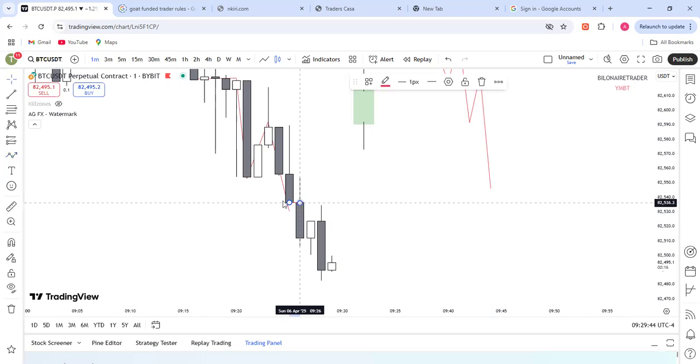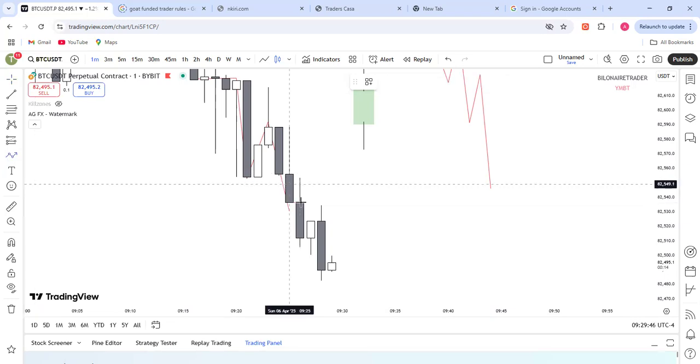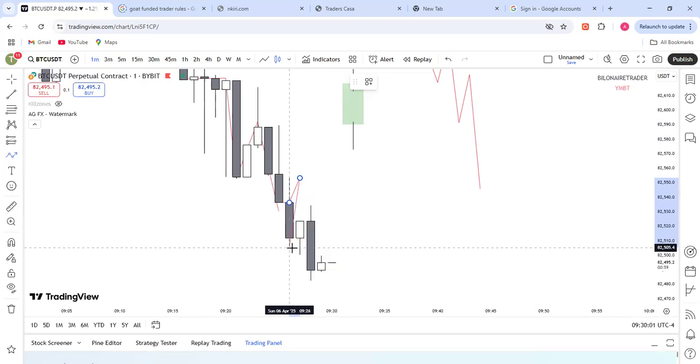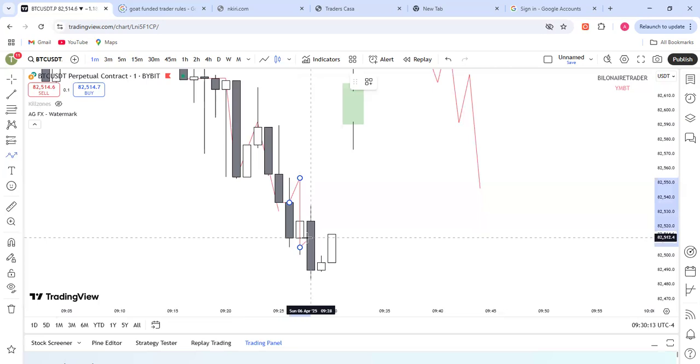It came up. The candle came up to this point. After coming up, it began to reverse, reverse, reverse. Came back to this point. After reversing to this point, it began to reverse up again, came to this zone, and then it closed in this region.